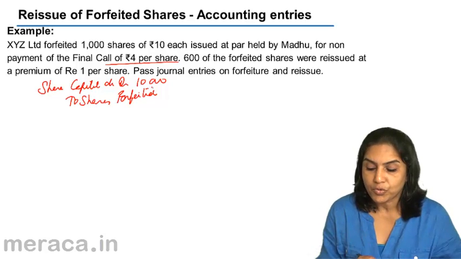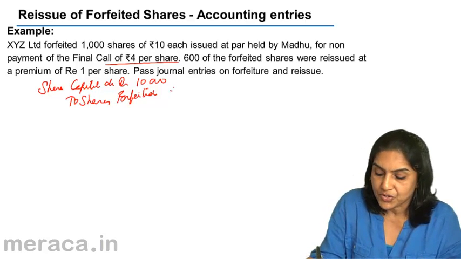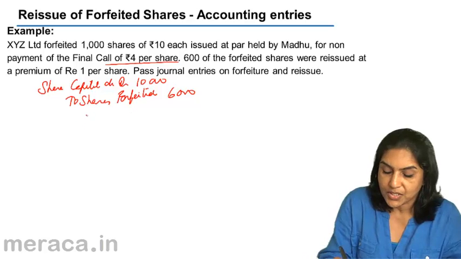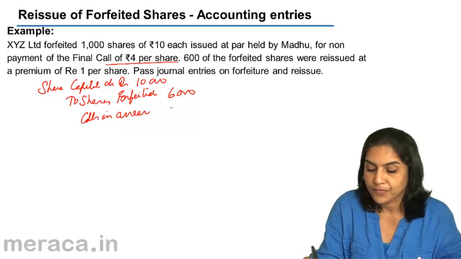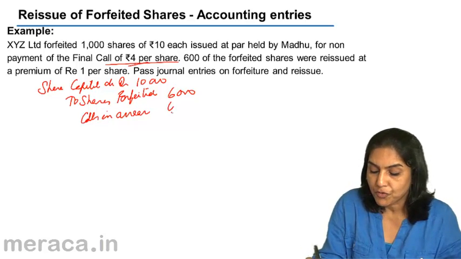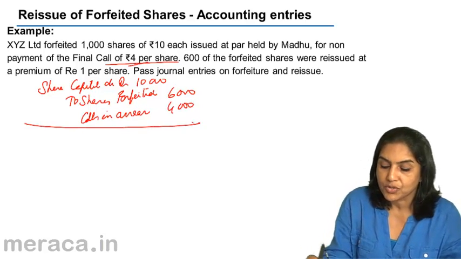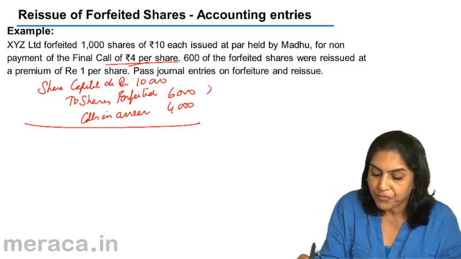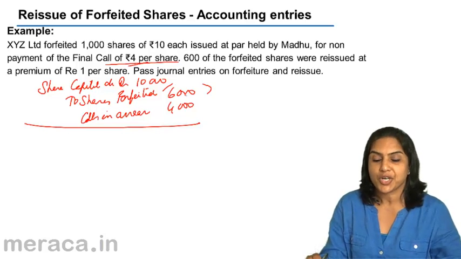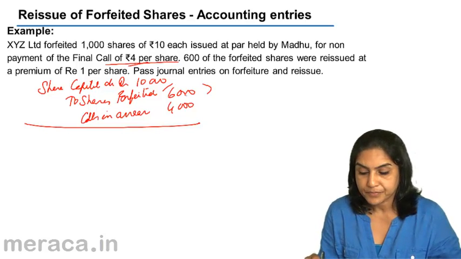Final call of 4 was not received. 6 must have been received into 1000, 6,000 to shares forfeited, 6,000, to calls in arrears, amount not received is 4 into 1000, 4,000. This is our entry on forfeiture. The 6,000 is the profit which we have made. 6 per share is the profit.